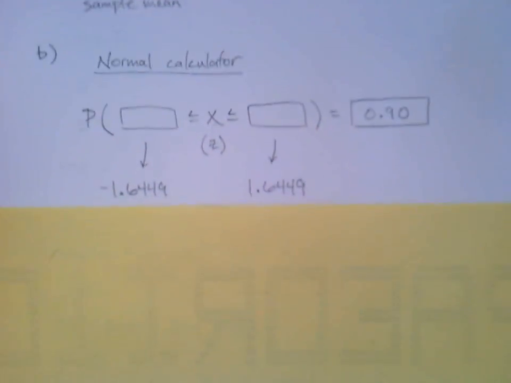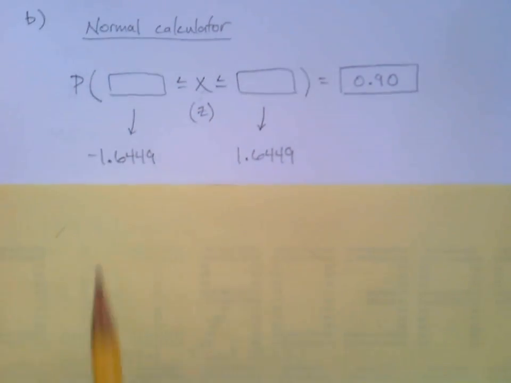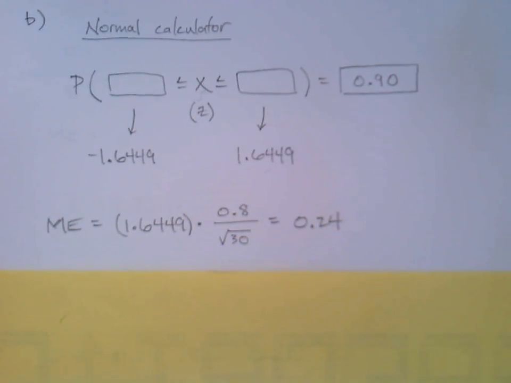Okay, but of course, just like before, we get the negative and the positive version. We're only going to take the positive version and put that into our formula for the distance, or the margin of error. So that z-score goes in right here.